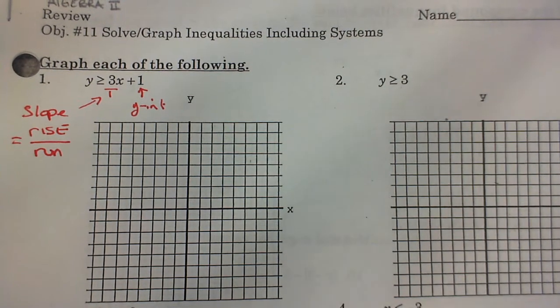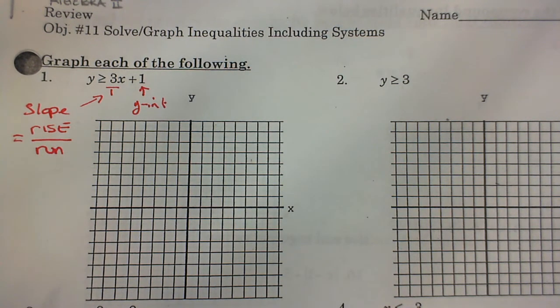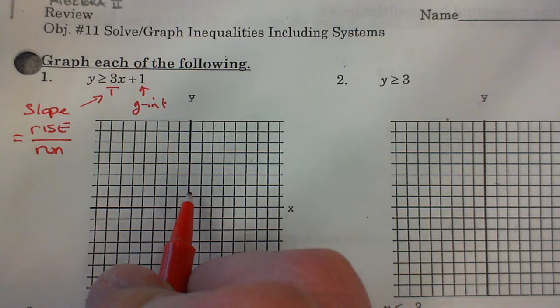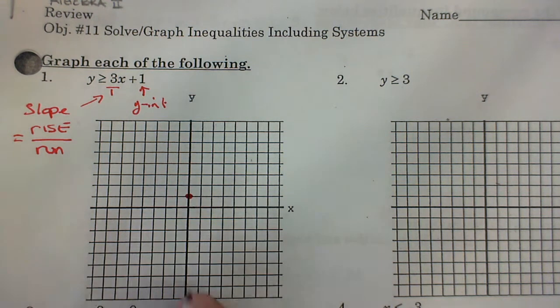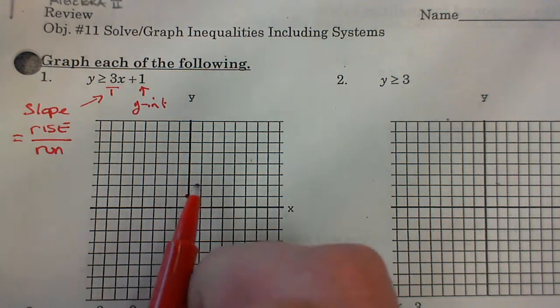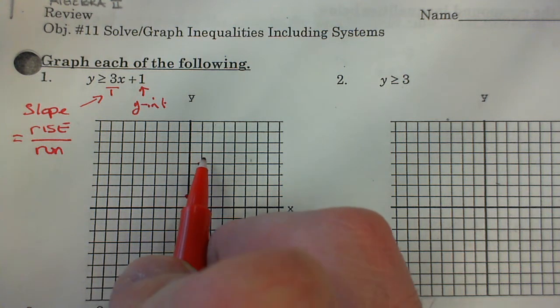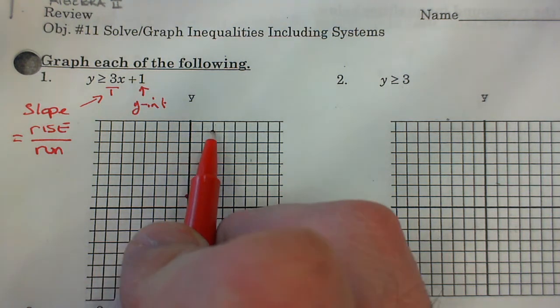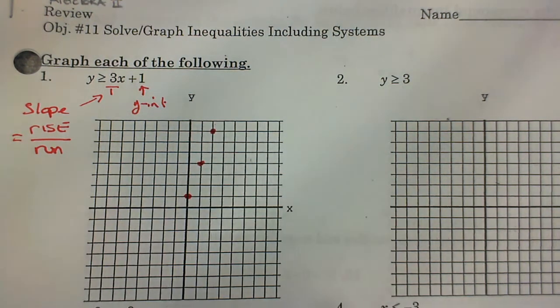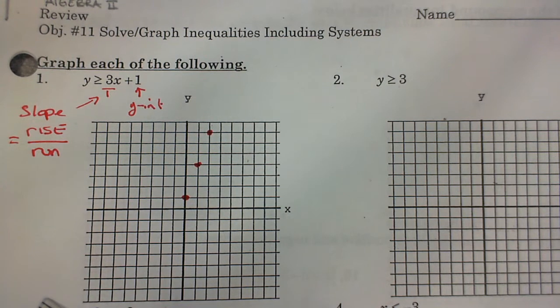Okay. So first thing that you do is you graph your y-intercept, which is positive 1, and then you count your slope, and your slope is up 3, 1, 2, 3 over 1. You can count it again, 1, 2, 3 over 1. Okay. And then we have to decide what kind of line this is. Is this a solid line or a dashed line?